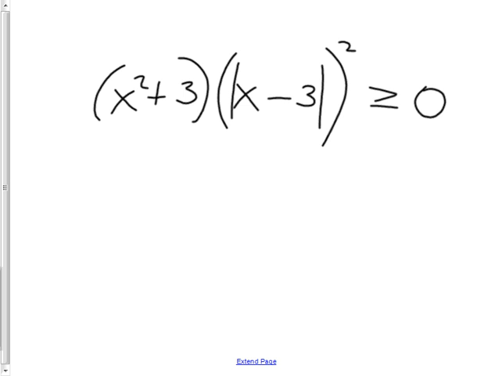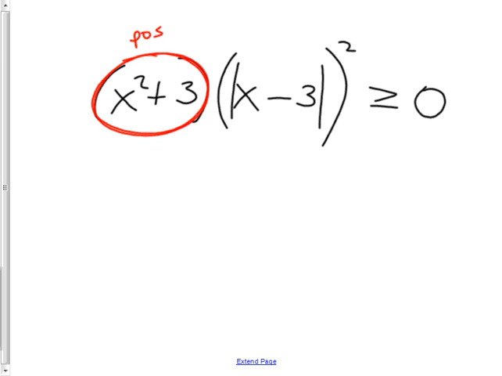So what's the answer? Is there anything that would work? So 3 works. I'm asking the question in a dumb way on purpose. Is there anything that would work? Yeah, everything works. The answer is all reals. Why? Because this part is always going to come out positive.